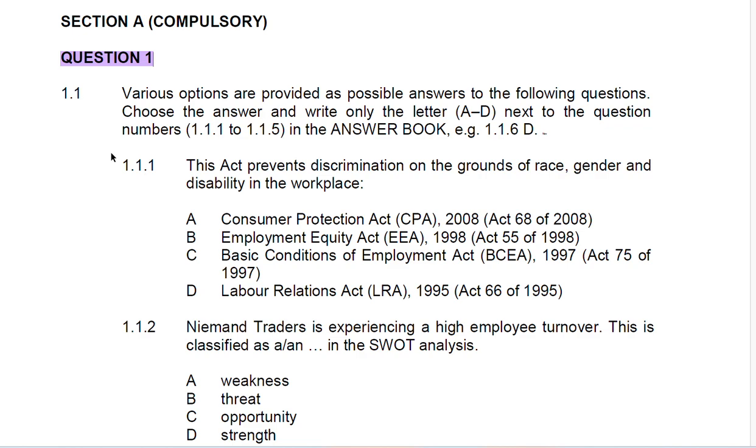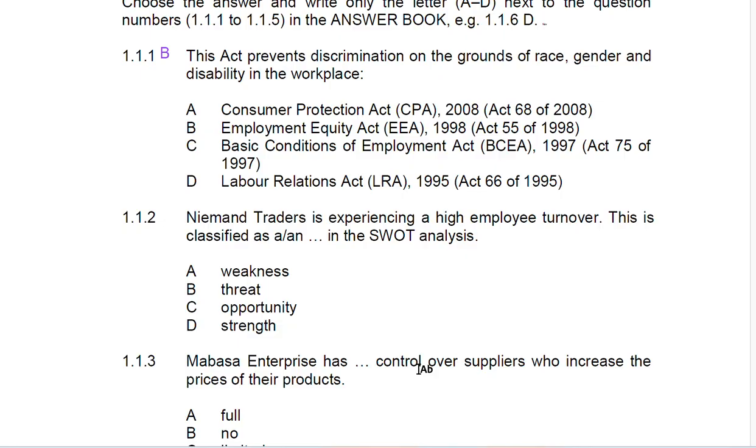So in order for you to provide an answer to this question, you will put B. That's how you're going to respond when you're writing your final exam. You are only going to write B, and you're not going to be doing any extra after you have written B. Now let us see what we have in the next question.